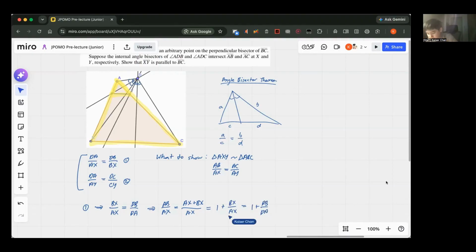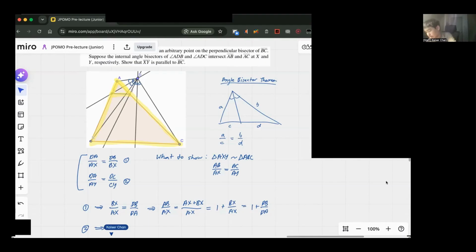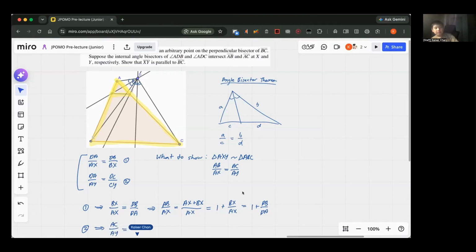And then for 2, we can do the same thing also. This time we want AC over AY. I'll not write everything out anymore. If you're doing the same thing for two things, you can also say similarly, this is also true for 2, or something like that. So AC over AY equals AY plus CY over AY equals 1 plus CY over AY.